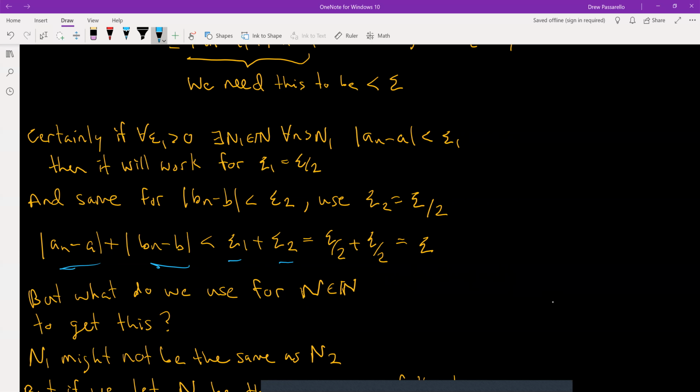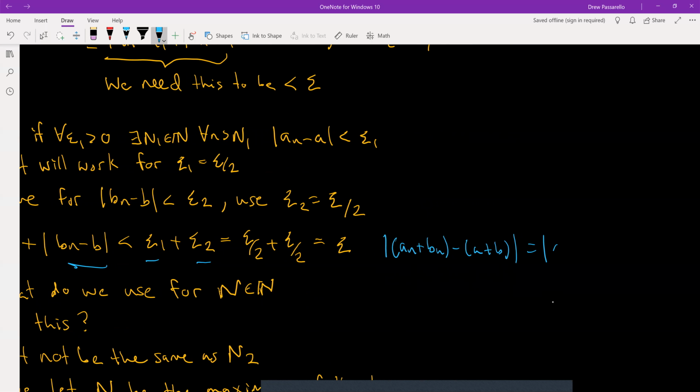So therefore, we're going to have that string of inequalities. So we'd have this, and then that's less than or equal to the absolute value of a_n minus a plus the absolute value of b_n minus b, by the triangle inequality.